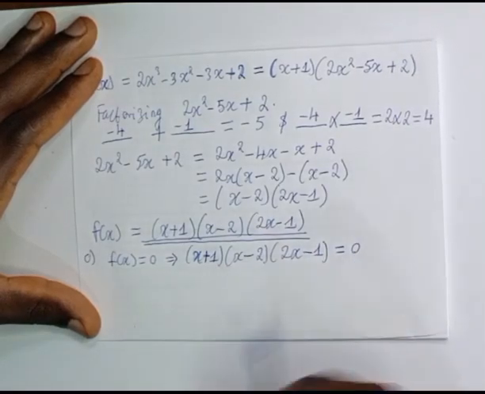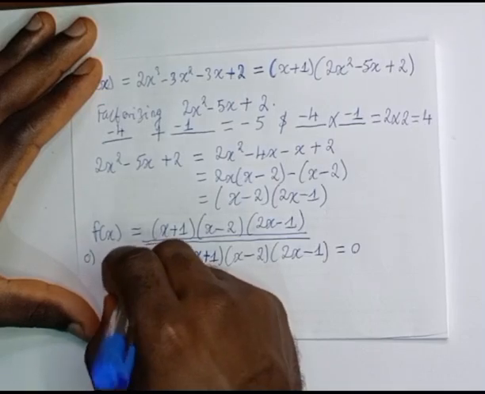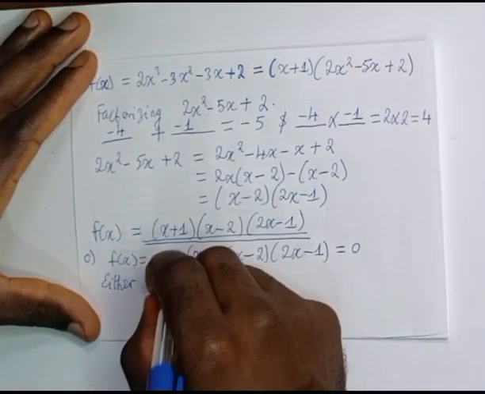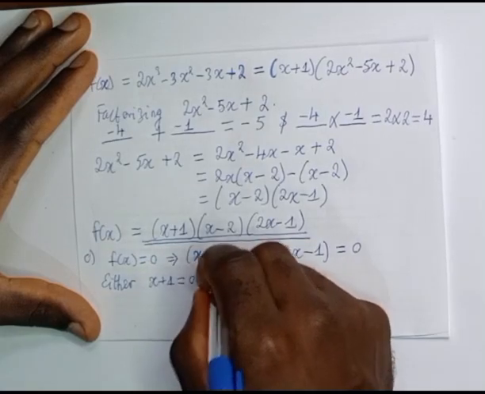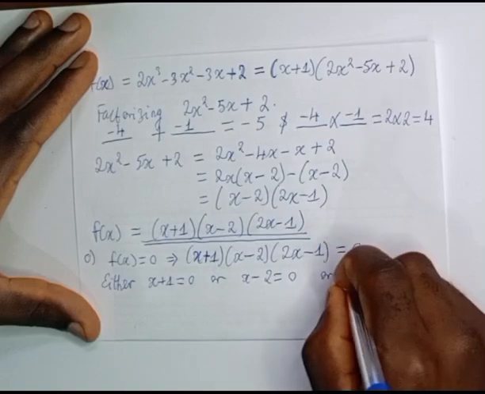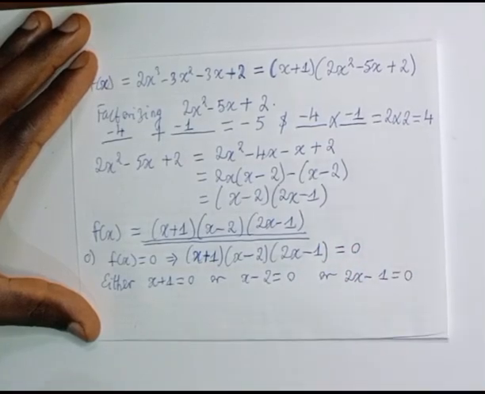For this product to be equal to 0, since it is a product of three linear factors, either x plus 1 is equal to 0, or x minus 2 is equal to 0, or 2x minus 1 is equal to 0. Then we solve for x in the three linear equations.